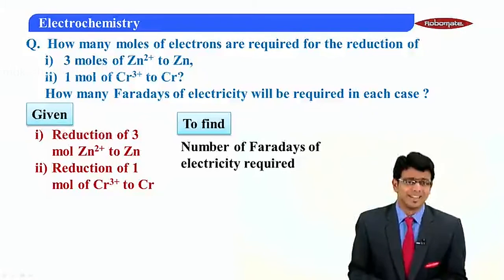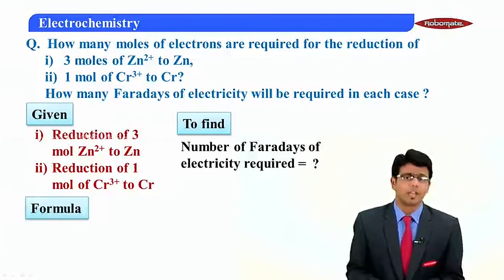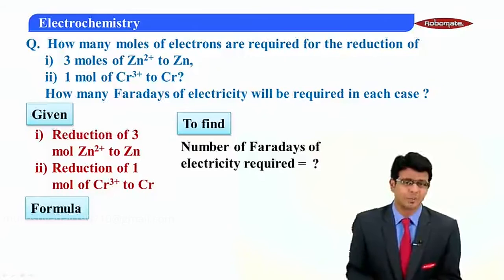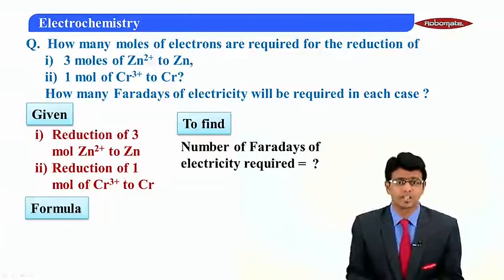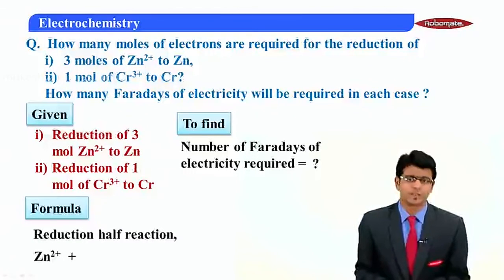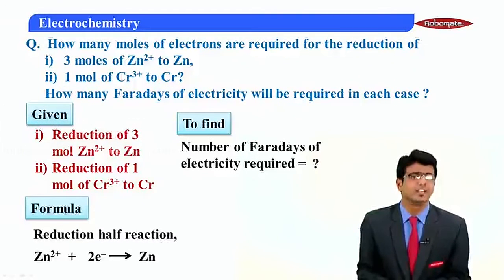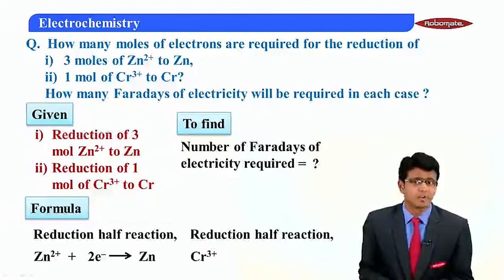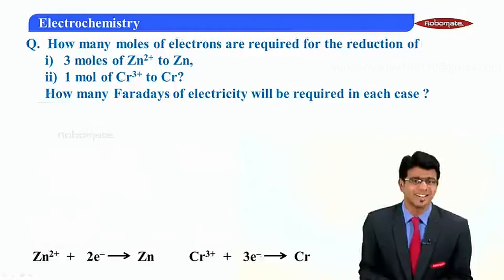Okay, and here in the formula we are actually going to go ahead with the solution part, and we are simply going to write the reduction half reactions here for zinc as well as chromium. So reduction half reaction is Zn2+ + 2 electrons gives you Zn, and another reduction half reaction would be Cr3+ + 3 electrons will give you Cr, right?